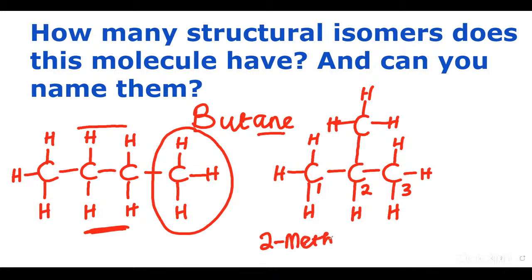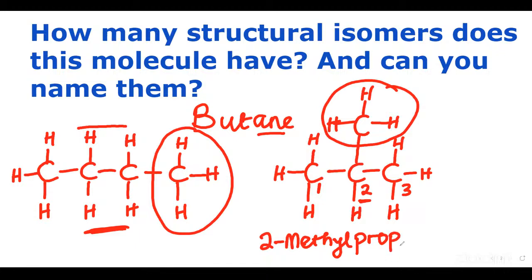Meth represents 1 carbon. So that's methyl, okay? So 2-methyl shows the position of that branch. This branch is on carbon 2. And then the longest carbon chain, you have 3 of them, and 3 is prop. Again, this is an alkane. Alkanes will end with ANE. So that will be 2-methylpropane.